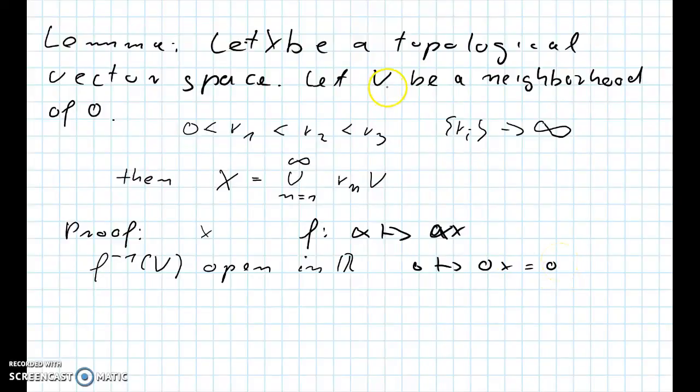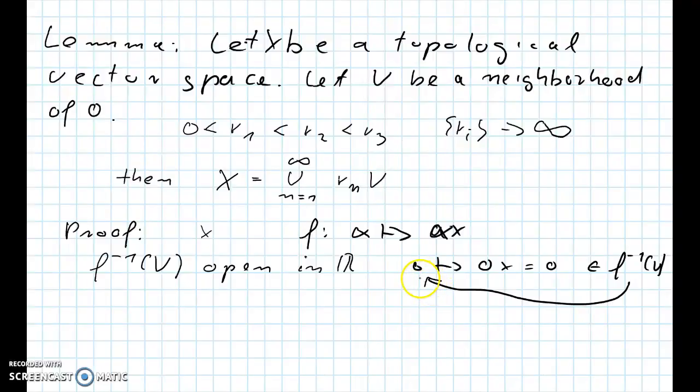And since V is a neighborhood of 0, we see that 0 is indeed in the pre-image of V. So this 0 is different from this 0, of course, and this one is in the pre-image of V.